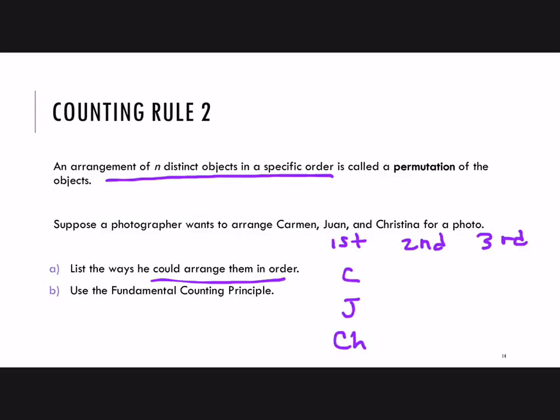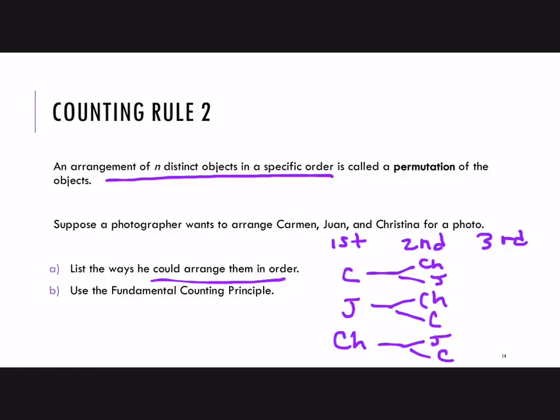And then it is implied here that there's no repetition, so it doesn't actually say it, but if you think about it, these are people, so obviously somebody couldn't stand in two different places at the same time. So if Carmen's in the first spot, then the second person can only be Christina or Juan. Right? If Juan is first, then it has to be either Christina or Carmen next. And if Christina's first, then either Juan or Carmen.